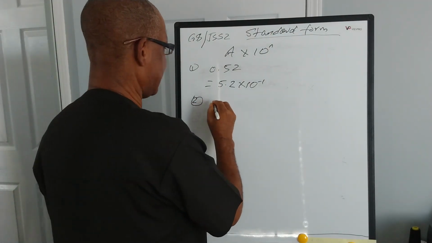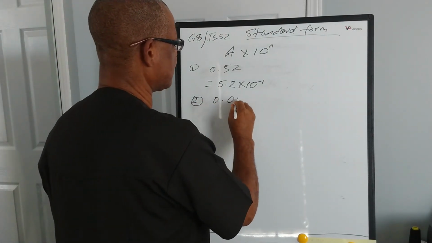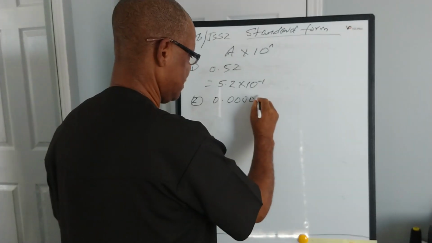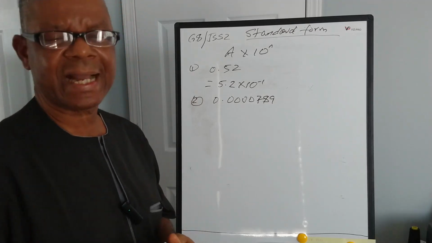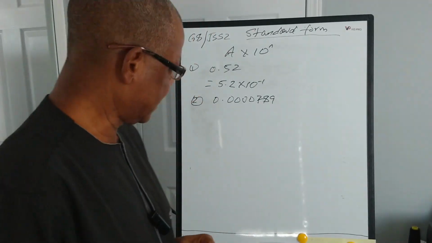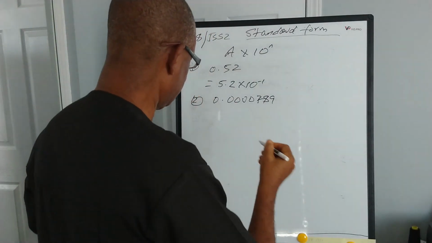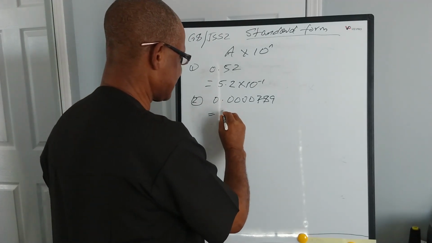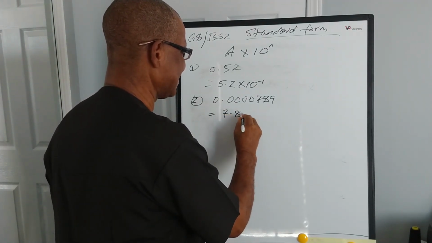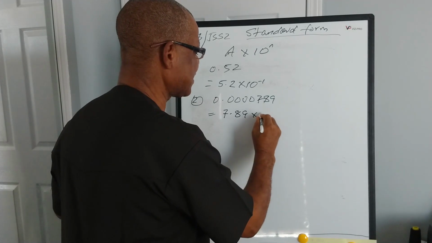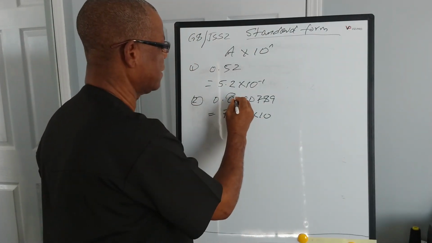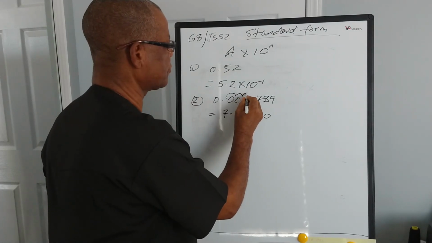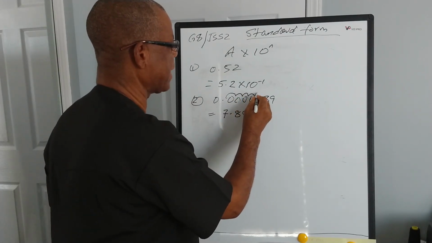We can be asked to express 0.000789 in standard form. So this will now give us 7.89 times 10 raised to power minus 1, minus 2, minus 3, minus 4, minus 5.